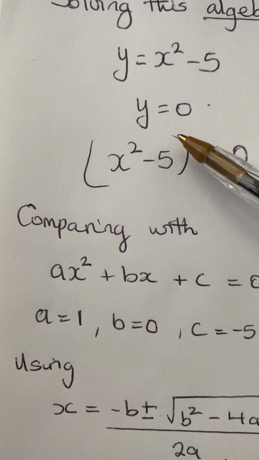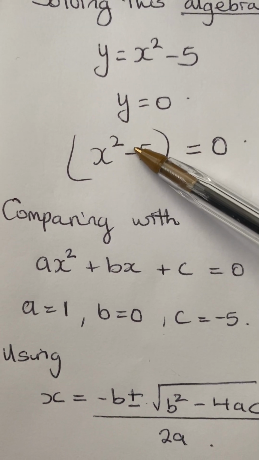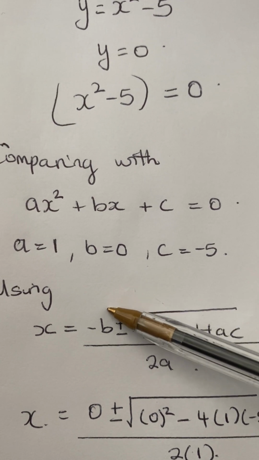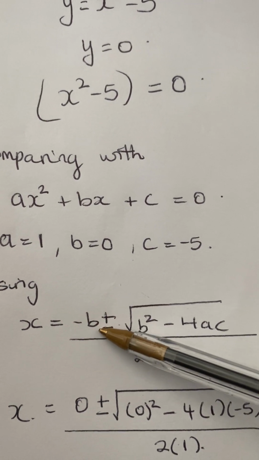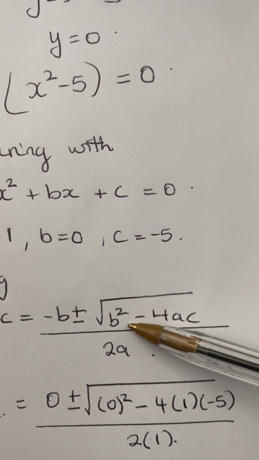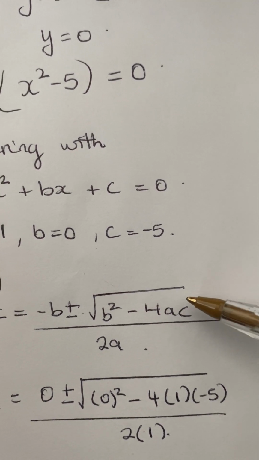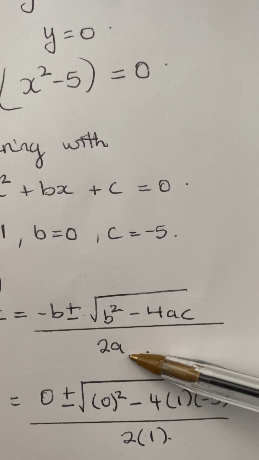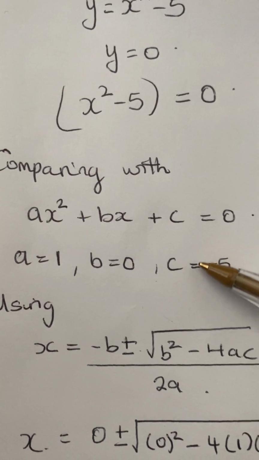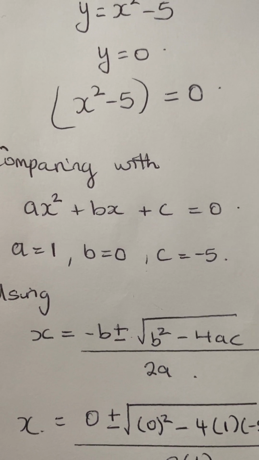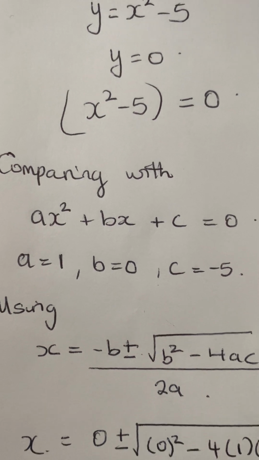And it will be difficult solving this without the use of this formula: x equals minus b plus or minus the square root of b squared minus 4ac, over 2a. Okay, this is for the higher stuff or for people who are doing additional maths.